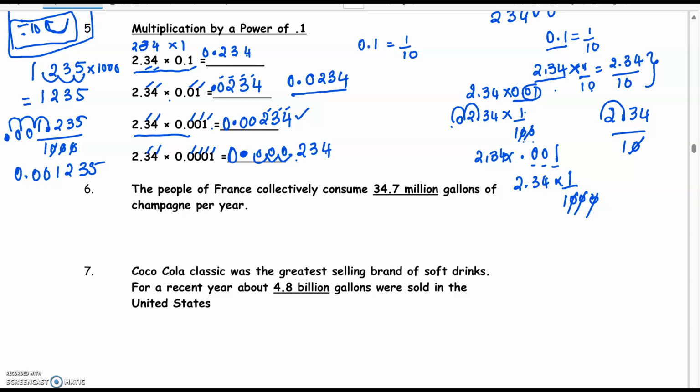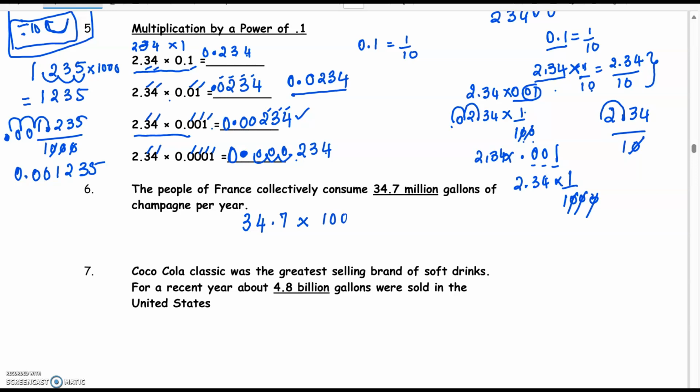The people of France collectively consume 34.7 million gallons of champagne per year. So how much is that? 34.7 times 1 million gallons. So we have 3, 4, and then how many places do I shift and in which direction? Multiplication tells me shift to the right because the number gets large.